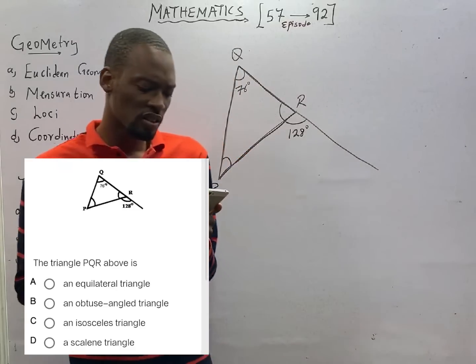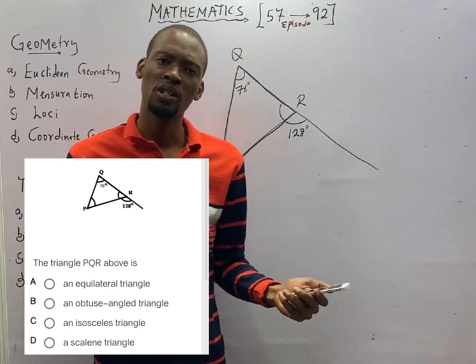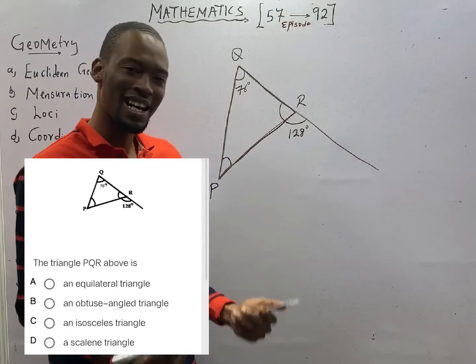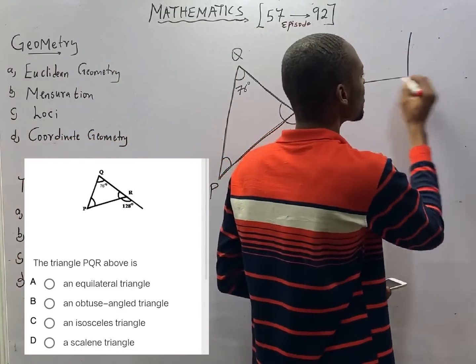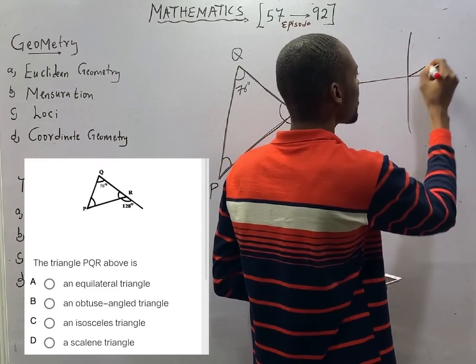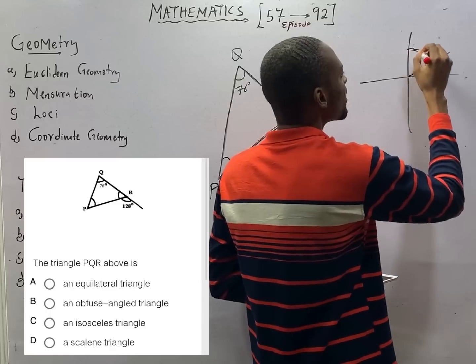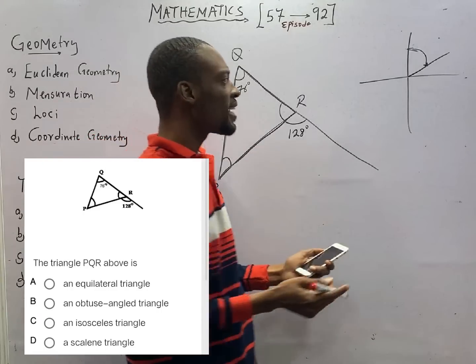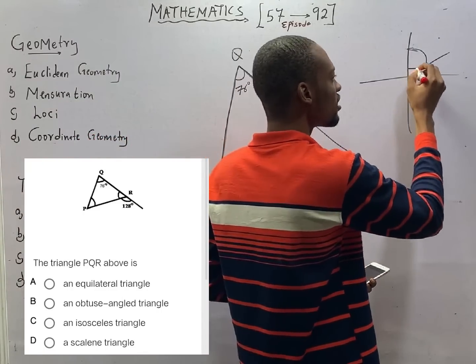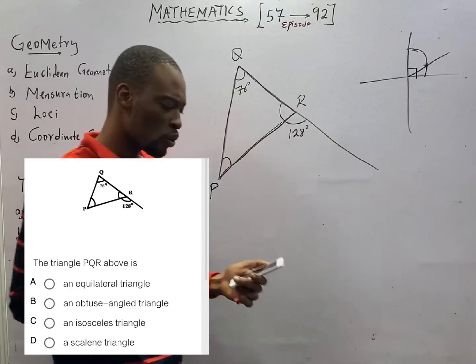Meanwhile, an acute angle is an angle that is lesser than 90 degrees. If you have something like this, any angle that is around here is definitely lesser than 90 degrees. It is an acute angle. If it gets to 90 degrees like this, it is a right angle.